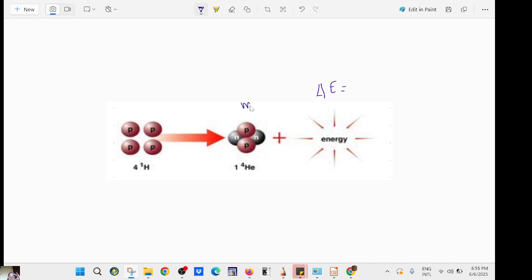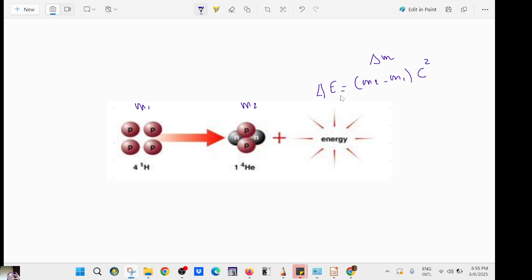If this is a mass M2, and that is a mass M1, we're going to have M2 minus M1 times c squared. This is called the mass defect, and you use Einstein's equation.